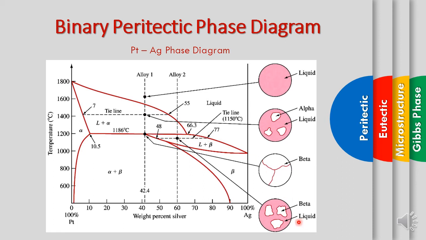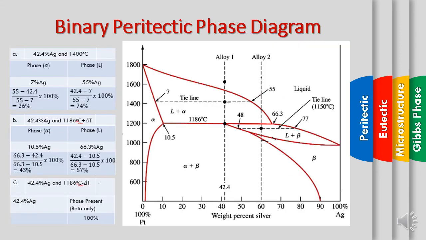And then we put the value here. So in this case we have alloy 1, which has the composition of 42.4.